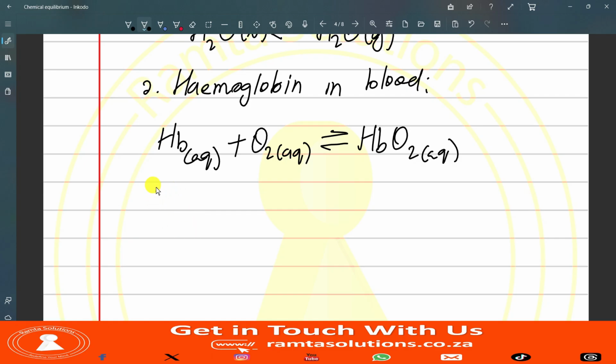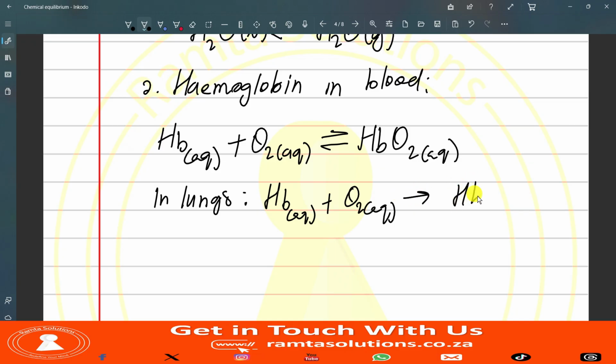Now, what you are seeing here is this. In our lungs, you will see the forward reaction, which is hemoglobin plus this guy here, giving you oxyhemoglobin. And then in the tissues of our body, you're going to see the reverse reaction.